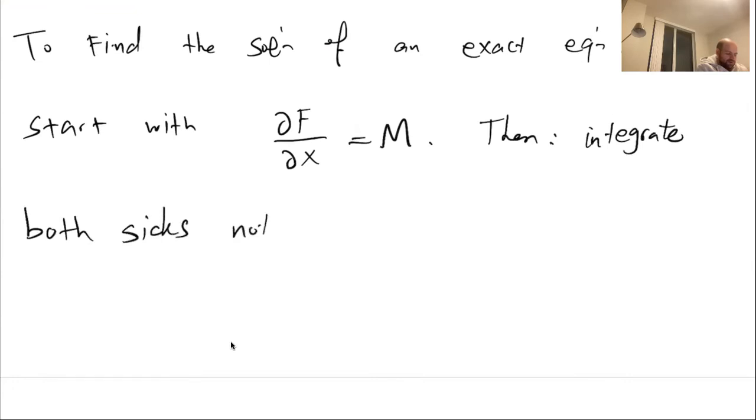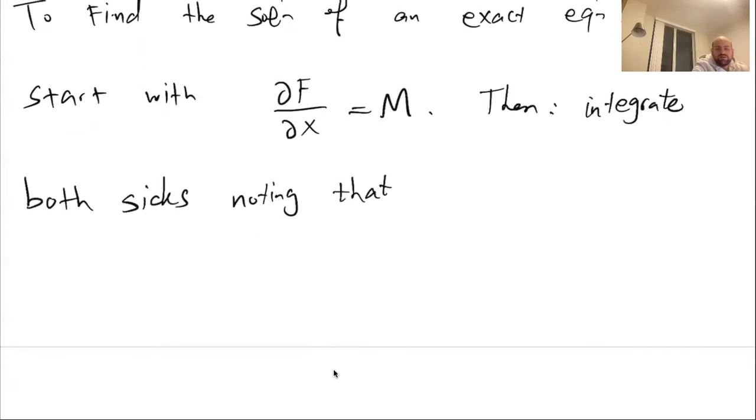Noting that when you integrate both sides, there will be a constant involved. Now that constant could be a function of y, because when you integrate with respect to x, not only constants are considered as constants, but any function of y is also considered as constant. Because when you differentiate or integrate with respect to x, that means y is considered as a constant.